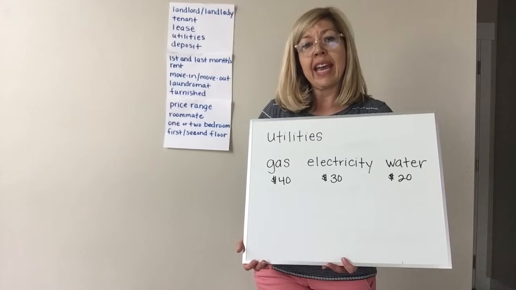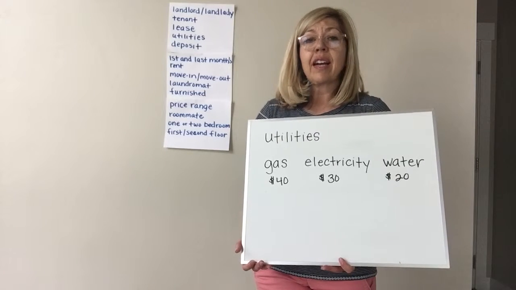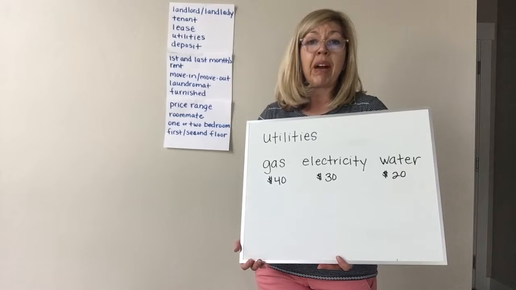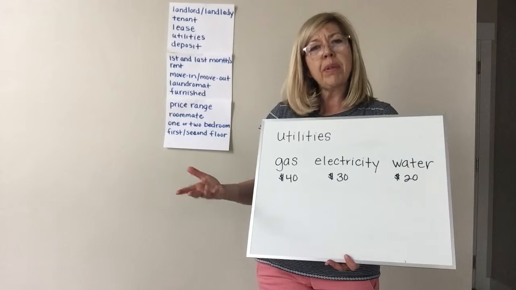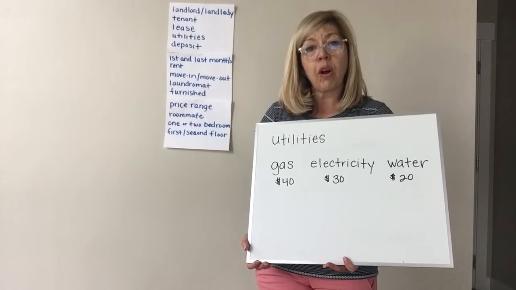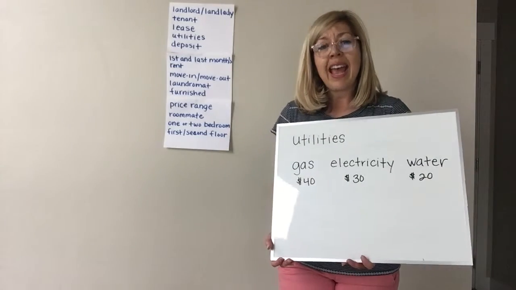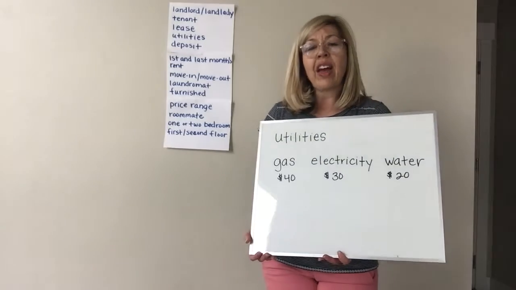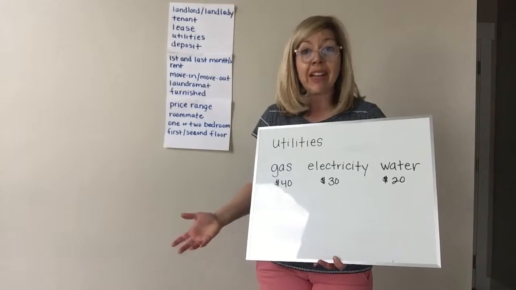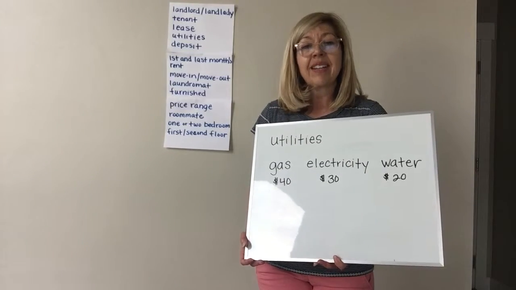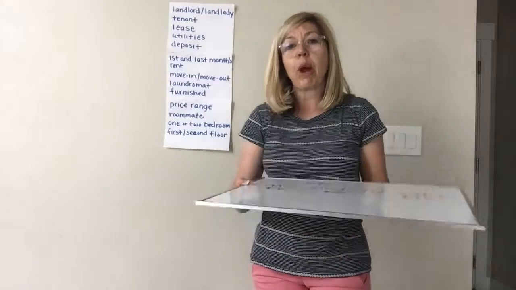Sometimes people say utilities comes to about $90. And you'll probably hear this when you go to the store and make a purchase, and the cashier will say that comes to $10.50. So that's something that you might need to be aware of.